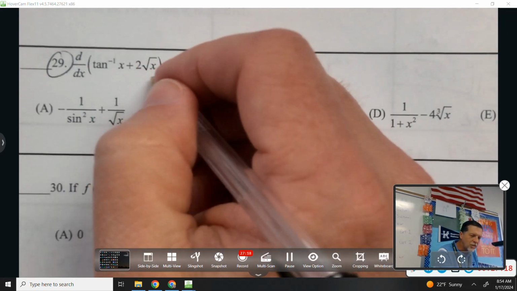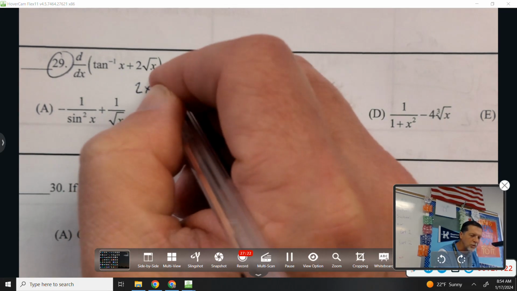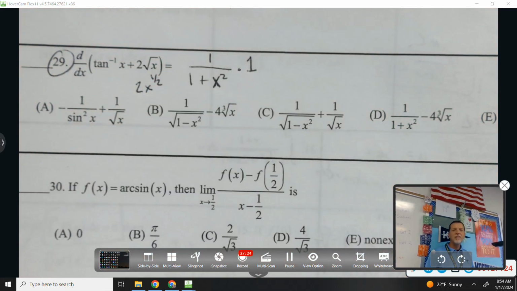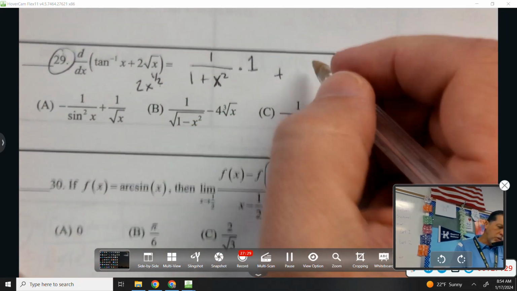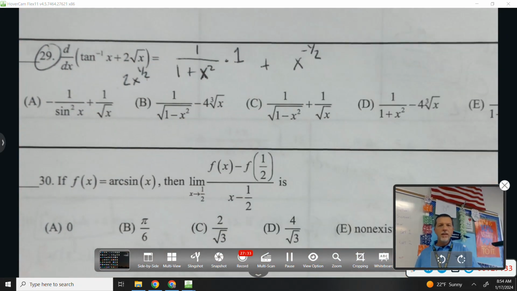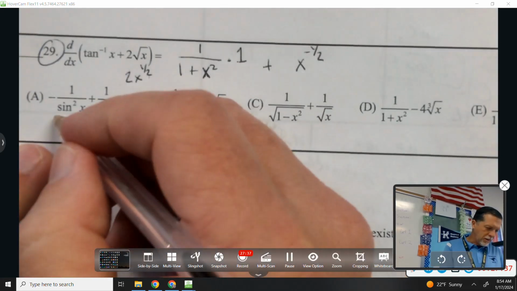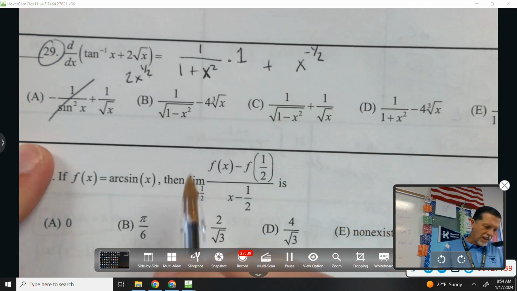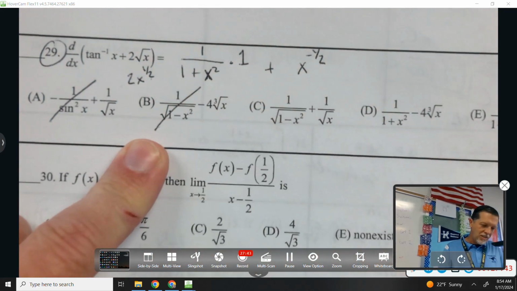And then square roots. Again, we don't do roots, we do powers. So I'm going to change it to x to the 1/2. 1/2 times 2 goes away, x to the negative 1/2. So let's see here. Boy, some of these answers are crazy. Square root, that looks like arcsine rather than arctangent. Same thing there.